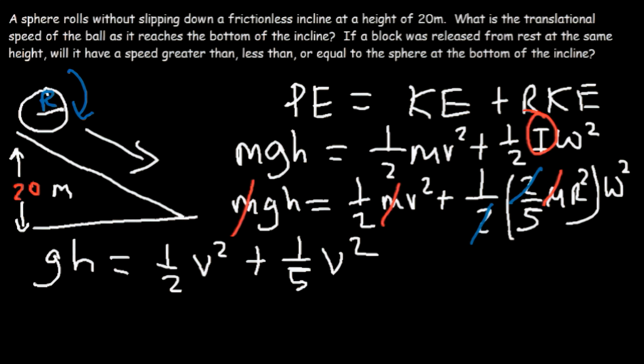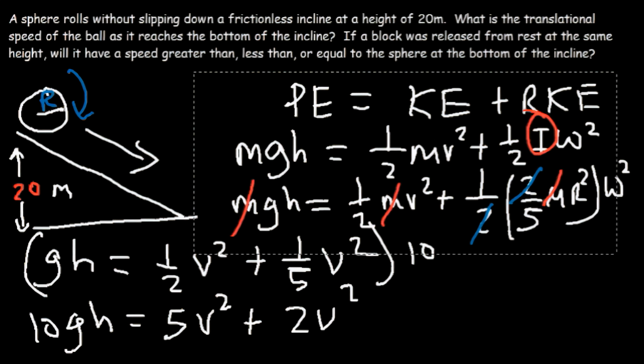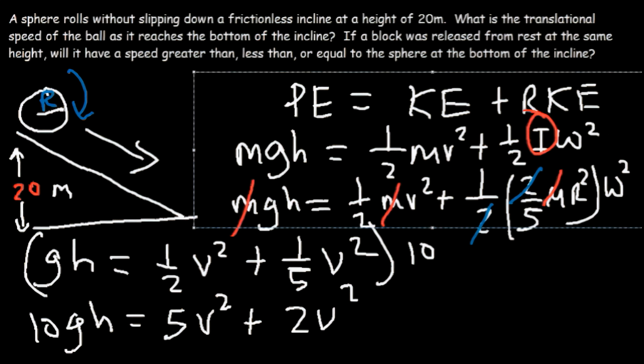So now what's 1/2 plus 1/5? If you're not sure, let's multiply both sides by 10. So it's 10gh, and then 1/2 times 10 is 5, and 1/5 times 10, or 10 divided by 5, is 2. 5v squared plus 2v squared is equal to 7v squared.